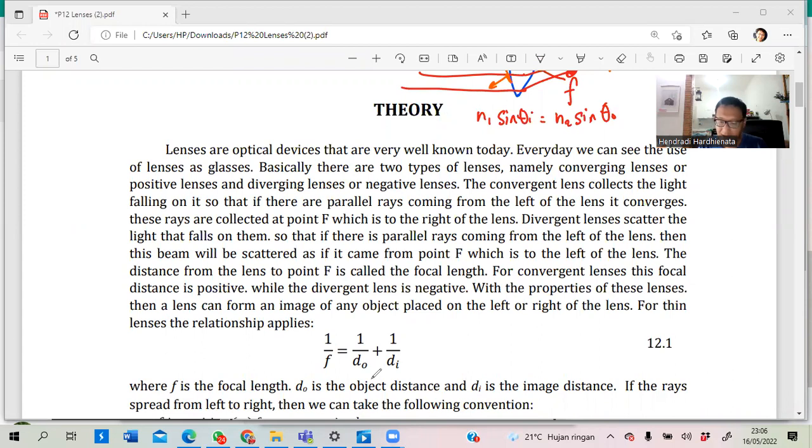Remember, for the convergent or positive lens, the focal distance is positive, while for the divergent lens, the focal distance is negative. Keeping this in mind, you can determine the distance of the image using this formula below.